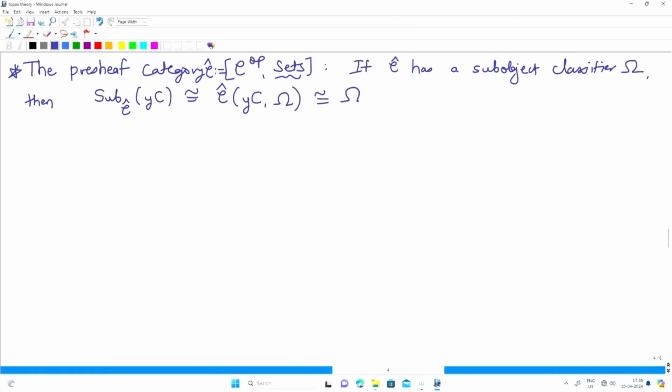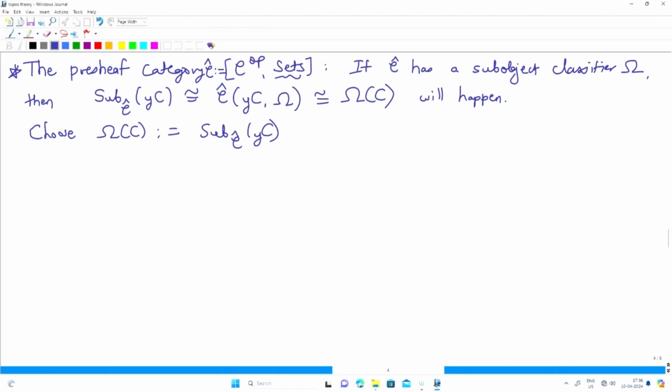Yes. So then the pre-sheaf omega has to be evaluated at C. So let's make this the definition of omega C. Then it should satisfy this. So choose omega C to be equal to the subfunctors of the representable functor.